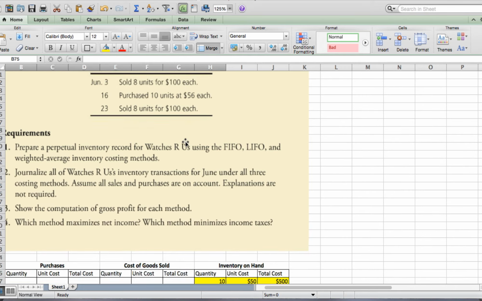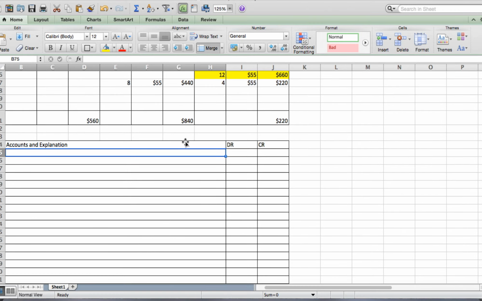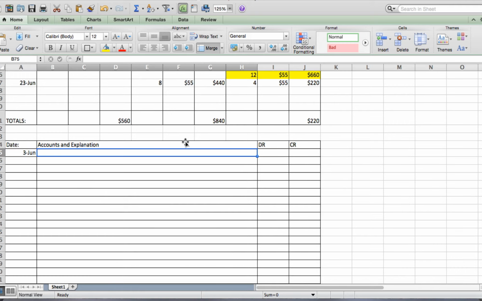So I need to record 8 units being sold at $100 each. I have 2 components of this journal entry. I have the component that shows me what I'm making in revenue, and I have the component that shows me how that's affecting my inventory.